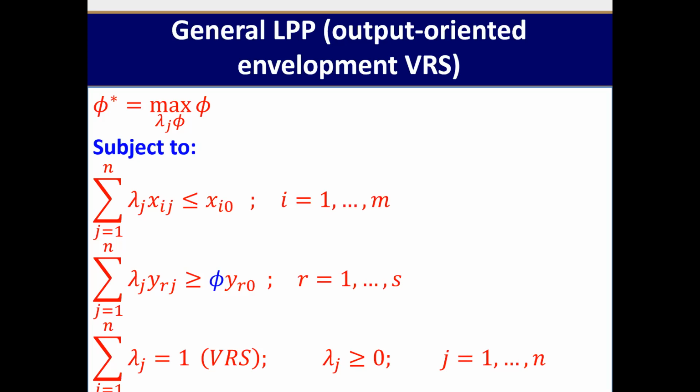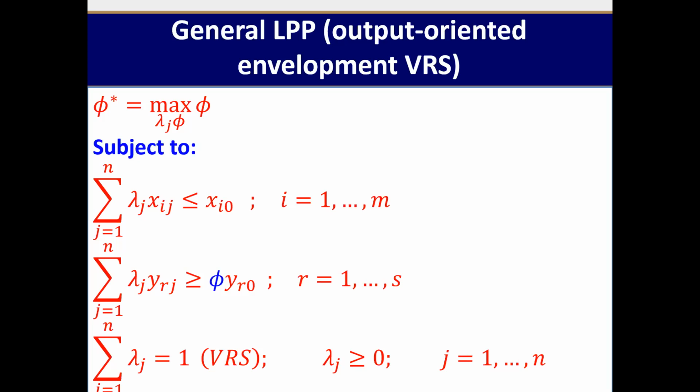So if it's 3 inputs, you're going to have 1, 2, and 3. If it's 2, 1 and 2. The second says that the weighted sum of all the outputs of all the DMUs should be greater or equal to the output of the DMU under evaluation. R here is the output and it ranges from 1 to S, where S is the total number of outputs being used.